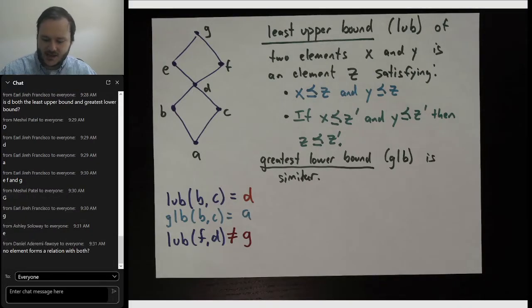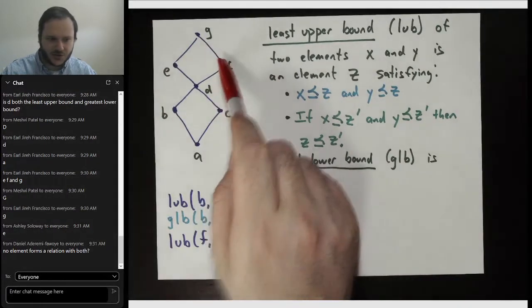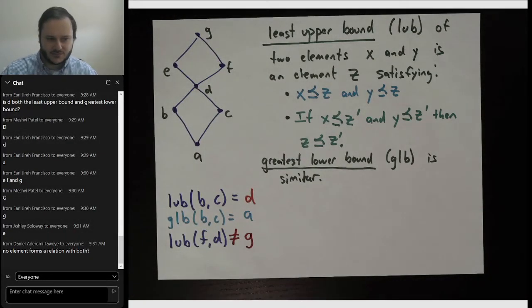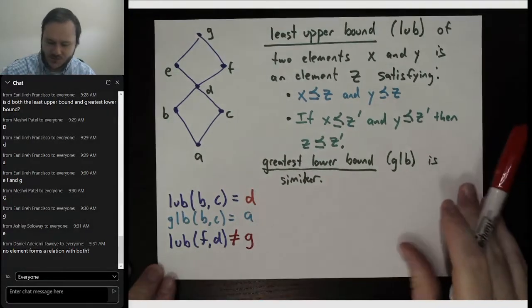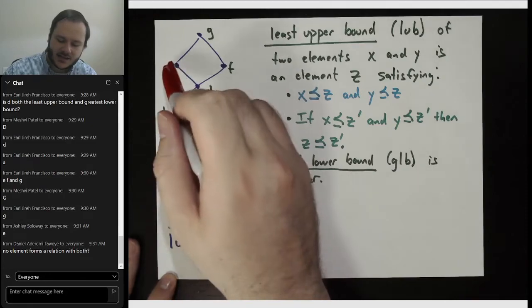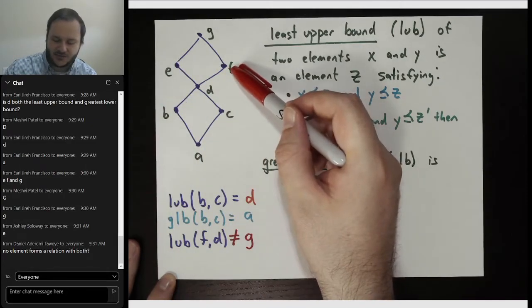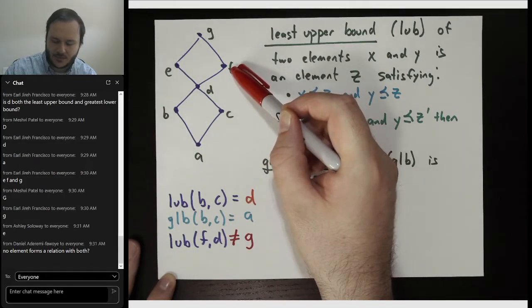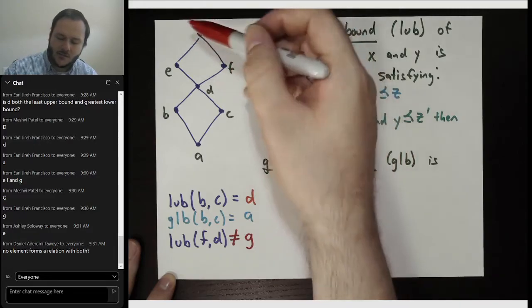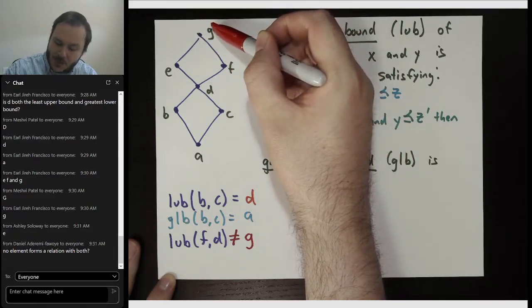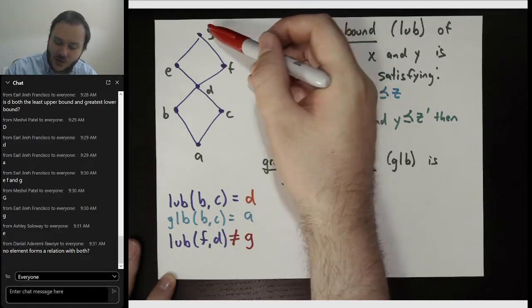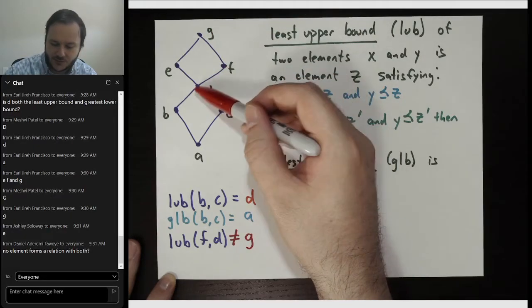It's not E, because E is not greater than or equal to F. And it's not G, I'm claiming, even though G is definitely an upper bound for both.